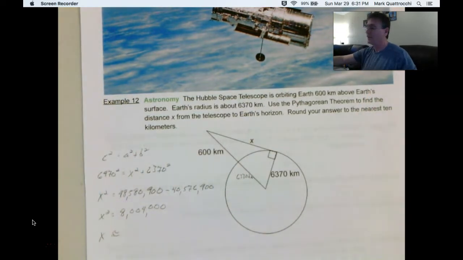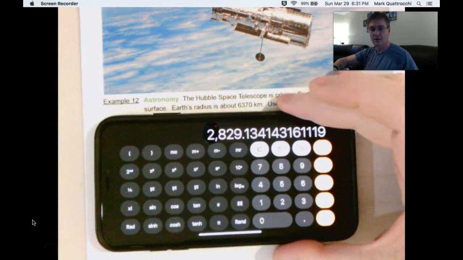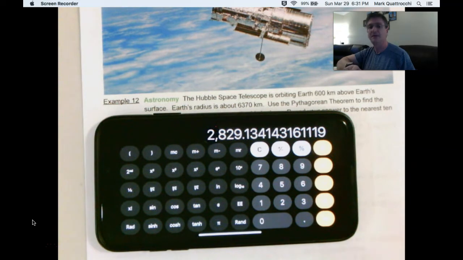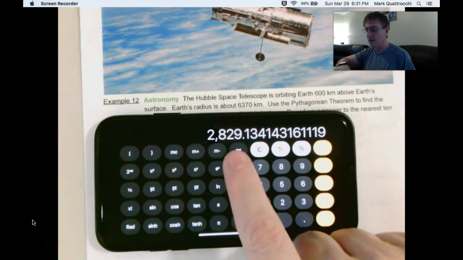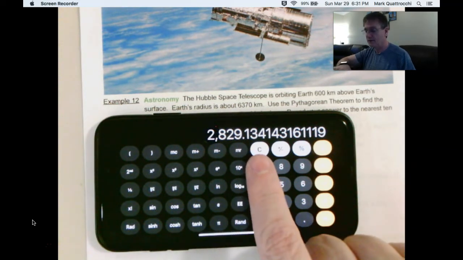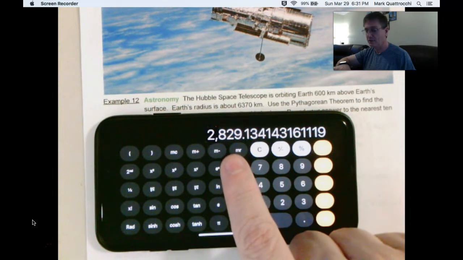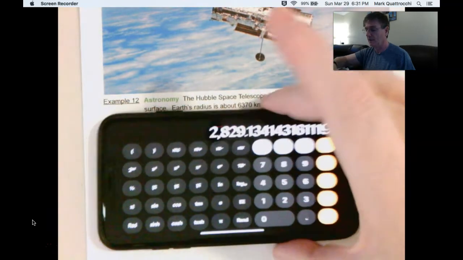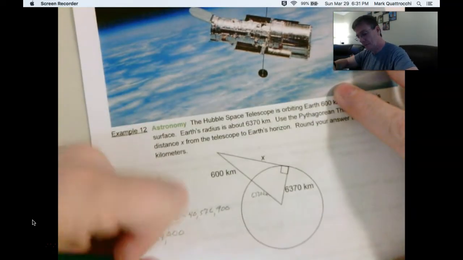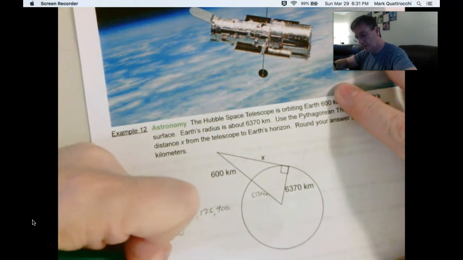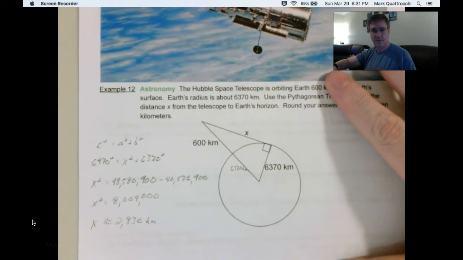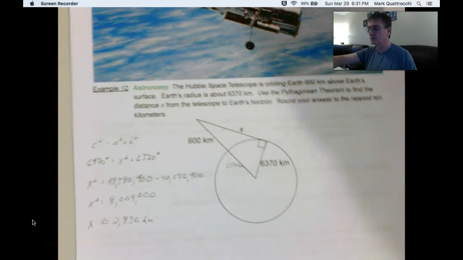Now, you would think that the answer is 2,829 kilometers, but we're rounding to the nearest 10 kilometers. So the nearest 10 kilometers, not the nearest 10th, the nearest 10 kilometers is 30. 20 is too small, this is more than 25, so it rounds up to 30. So 2,830 kilometers. And there's the answer to example 12.